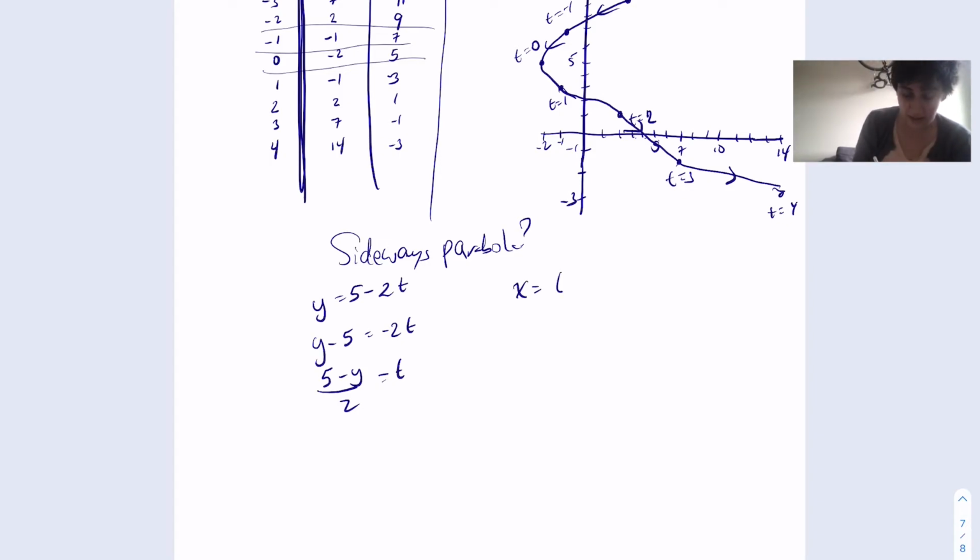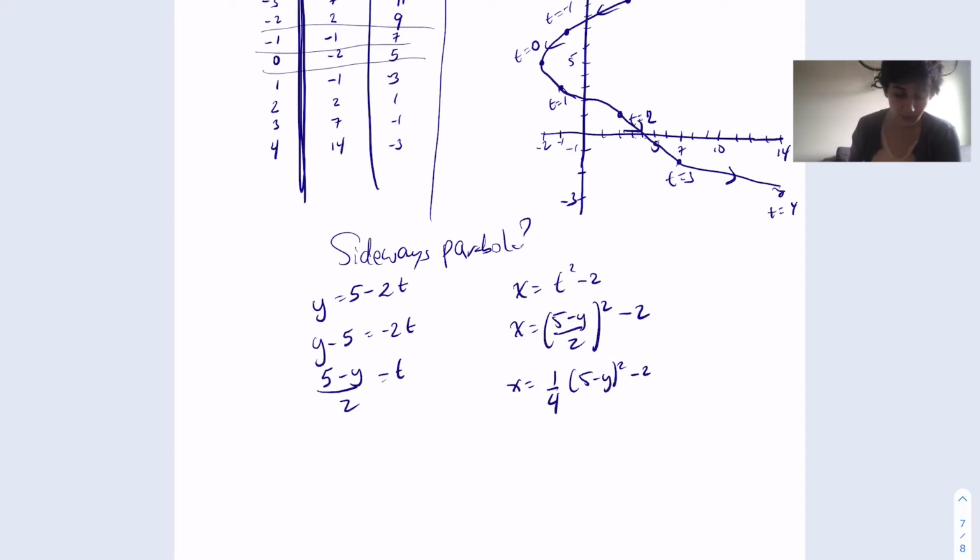Using that in my parametric equation for x, I get x equals the quantity 5 minus y over 2, squared, minus 2, which is 1/4 times 5 minus y squared, minus 2. Indeed, we do have ourselves a sideways parabola, a parabola opening sideways.